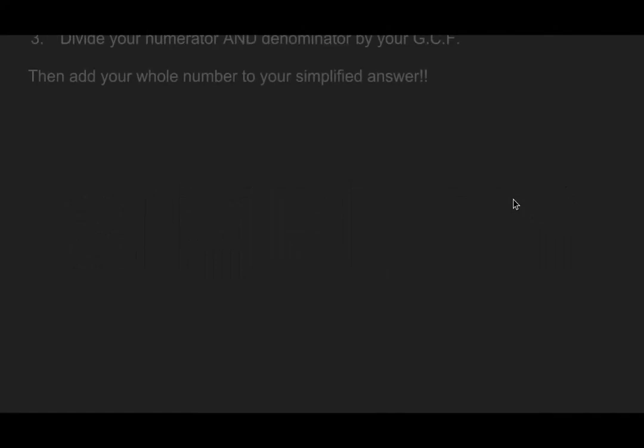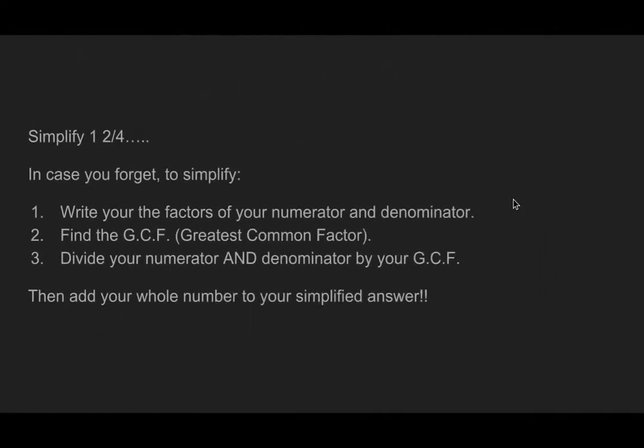So, in case you forget how to simplify, here are the 3 simple steps to do so. Step number 1, write the factors of your numerator and your denominator. So write them out. What are the factors of your numerator, the factors of your denominator? Once you have those written out, find the GCF.